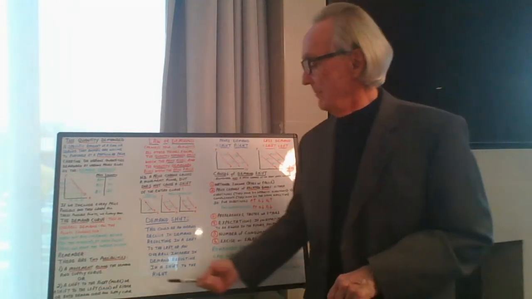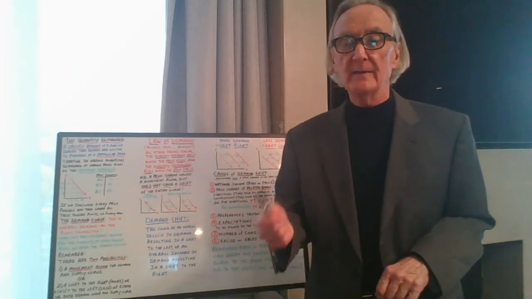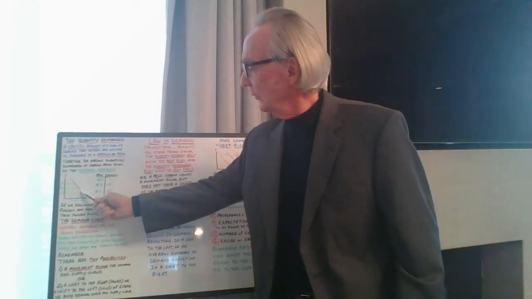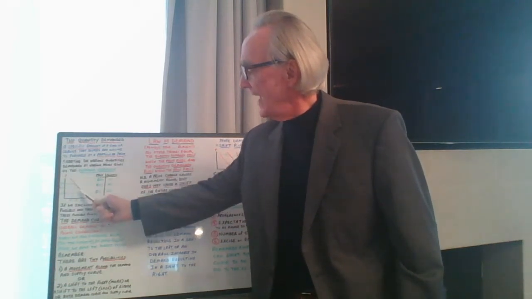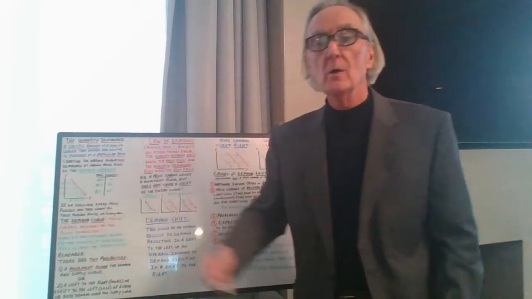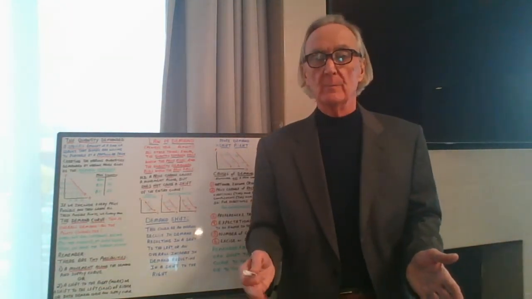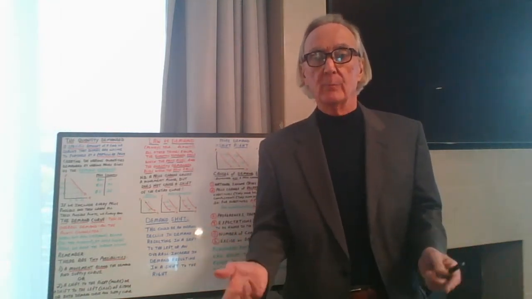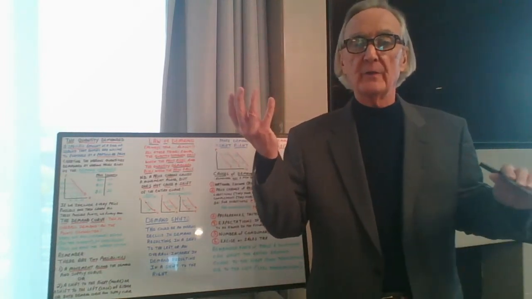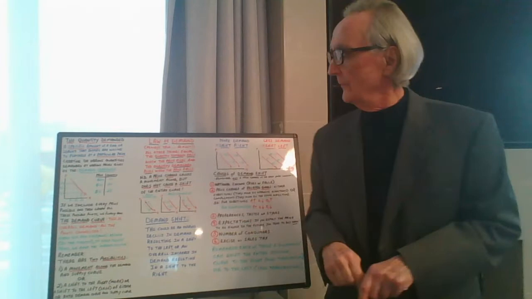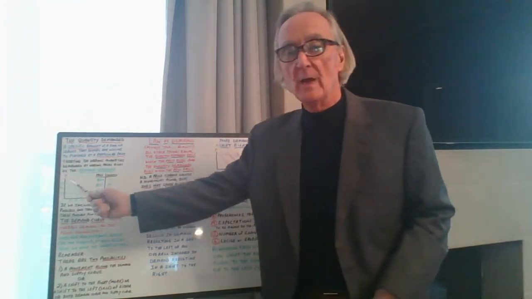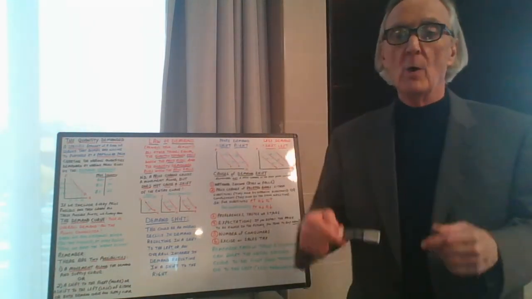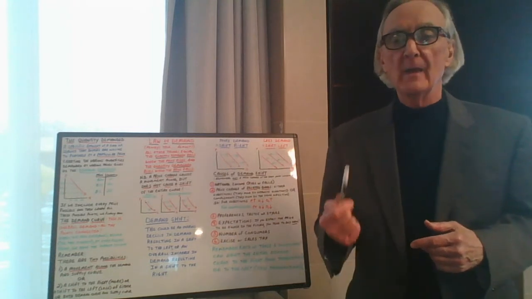We can have a movement along the curve, meaning we go from 1 point and slide up the demand curve to another point. We stay on the demand curve, no big deal. You just did it with the sweaters. You were going to buy 6, the price went up, so now you're going to buy 4. You went from 1 point to another. That is a movement along, and that's true of both. You can have movements along the demand curve and movements along the supply curve.